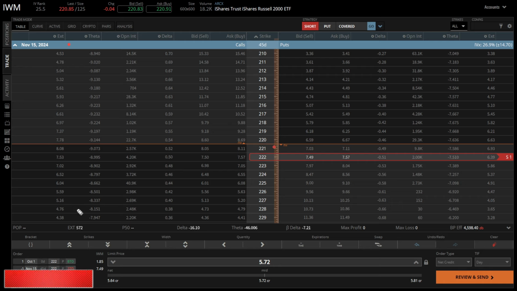So basically, 45 days ago, we opened the trade with the strike price of 222. We collected here, let's say X dollars, okay? And then today, we're going to buy back the $222 strike price. We're going to pay $1.85.